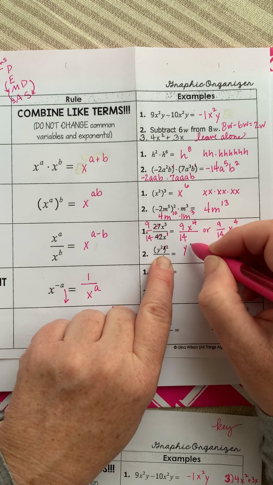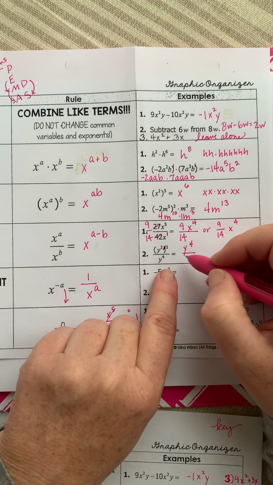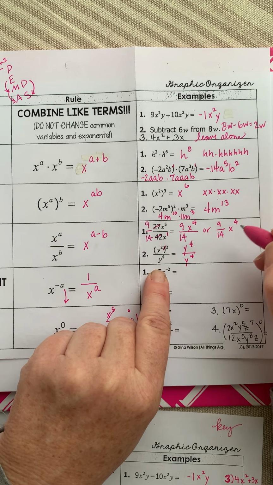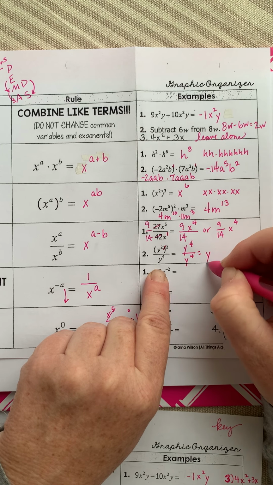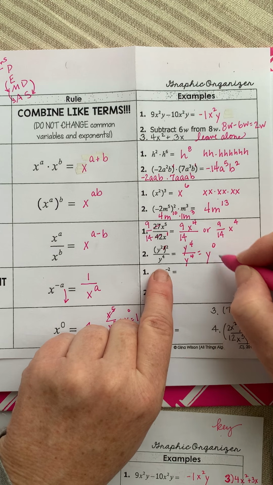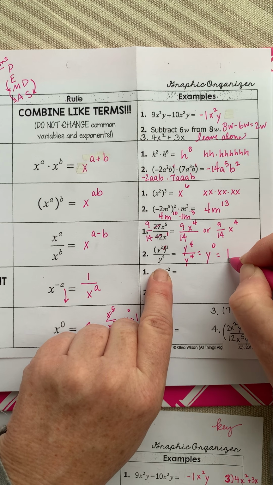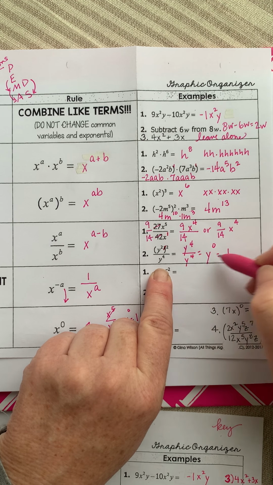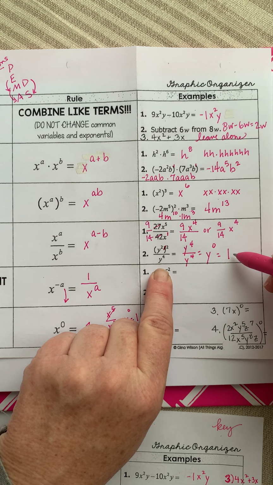So this is y to the 4th, and I'm putting this over y to the 4th, which means I have to subtract my exponents and get 0. And anything to the 0 power is just 1. Or you may say, hey, these are the same. They both go away, and I'm left with a 1.